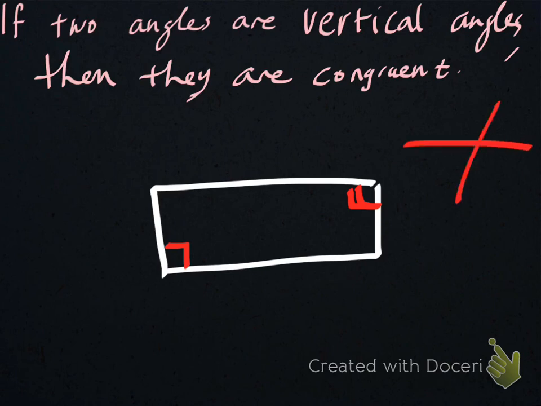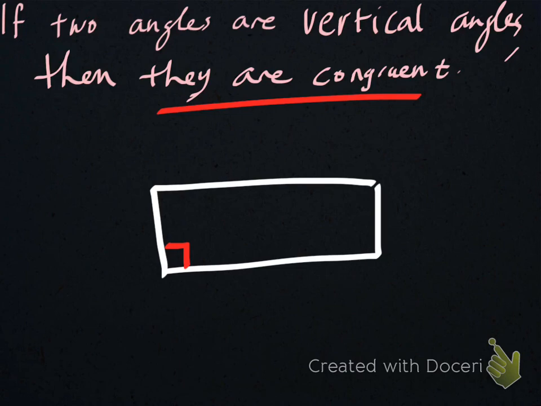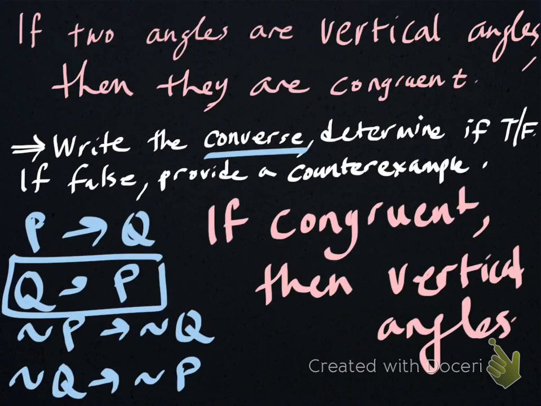Remember, vertical angles are angles that are sort of in this configuration. That's not what we have here. So looking back at the converse, it said, if they are congruent, then they are vertical angles. Well, this is a counterexample, so that statement would be false. And the picture that I drew, which I don't have room for here on this slide, is the counterexample.